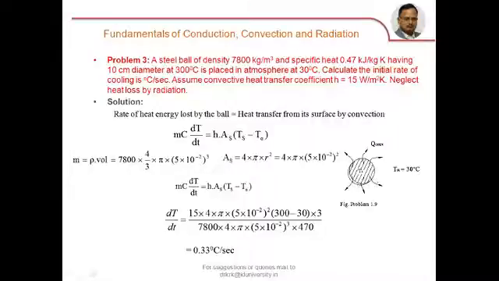From the surface of the ball, the heat is lost to the environment by means of convection. As the ball starts losing heat energy to the environment, the total amount of energy stored in the ball goes on decreasing.